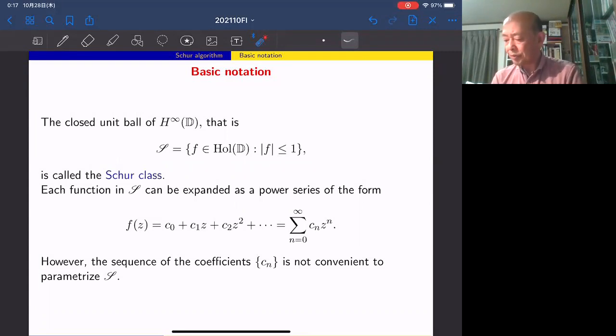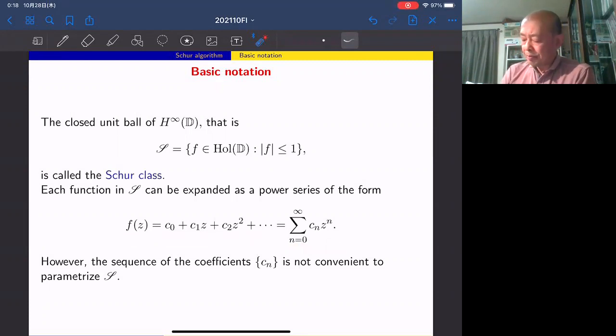And so how to understand this space in a standard way, in some sense. One possibility is to think about the Taylor coefficients, Maclaurin coefficients of the functions of this class. So each member F of this class may be expanded in this form as a power series.